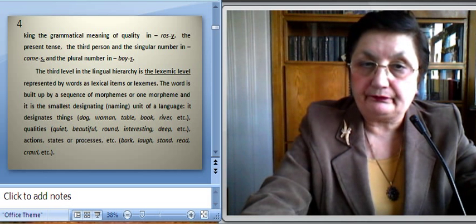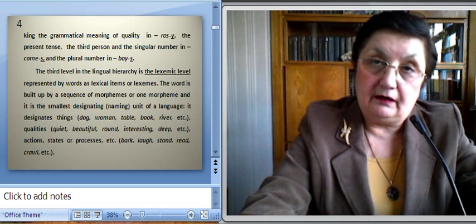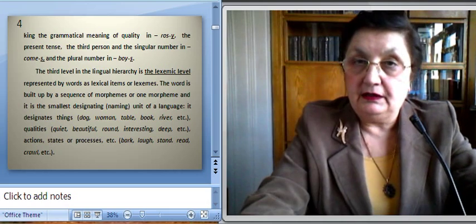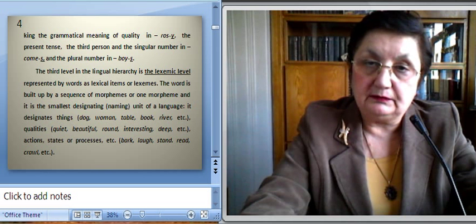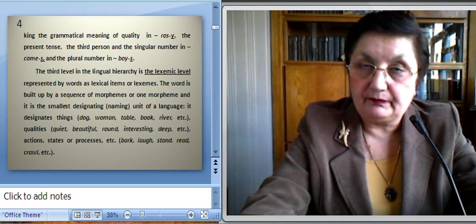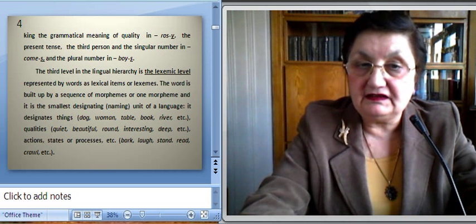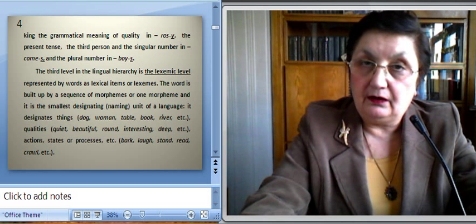The third level in the lingual hierarchy is the lexemic level, represented by words as lexical items or lexemes. The word is the smallest designating, that's naming, unit of a language.